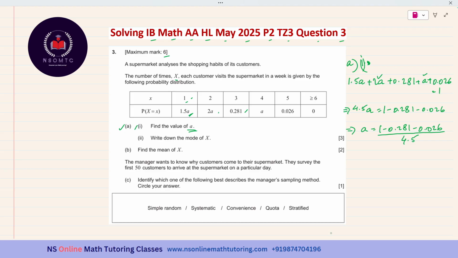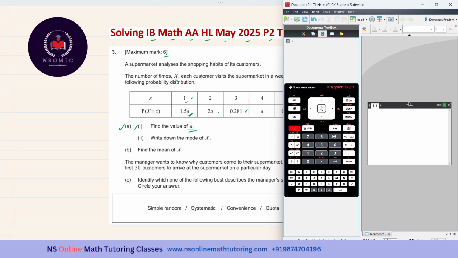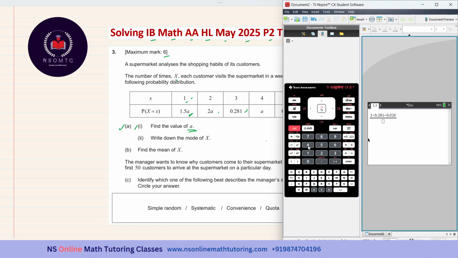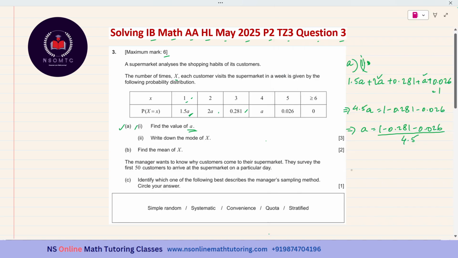Let us see what the answer is. 1 minus 0.281 minus 0.026, over 4.5, gives 0.154. So A is equal to 0.154.